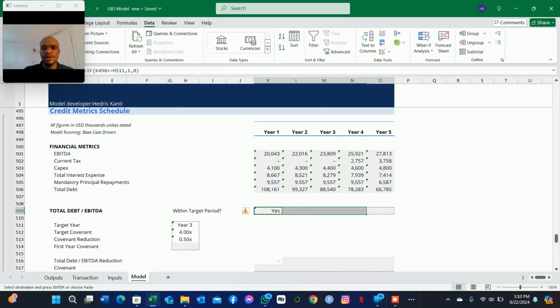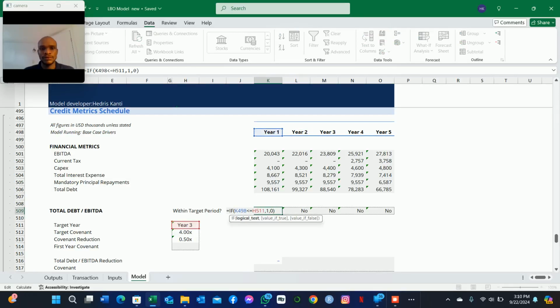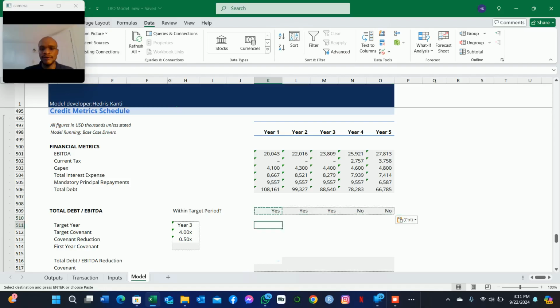So we can copy this, Alt ESF, paste as formulas to keep the formatting in place. We have to make sure that we are always referencing our target year of covenant with F4. You can copy this, Alt ESF, paste as formulas, and we have the deadline in place.